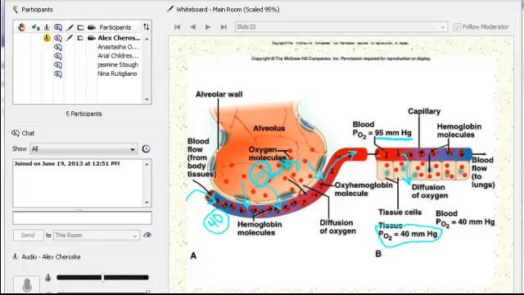So we can deliver that oxygen to the tissues to make sure they're getting what they need. Okay? Now, by the time we get all the way through the capillary bed, we've delivered enough oxygen. Our oxygen partial pressure is dropping, and by the end of it, our blood partial pressure is down at 40 again.